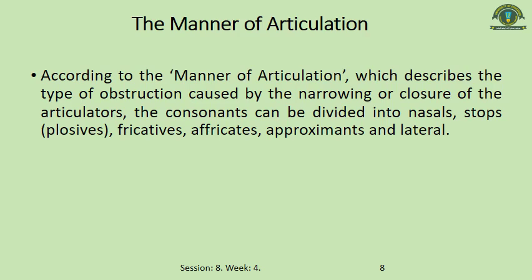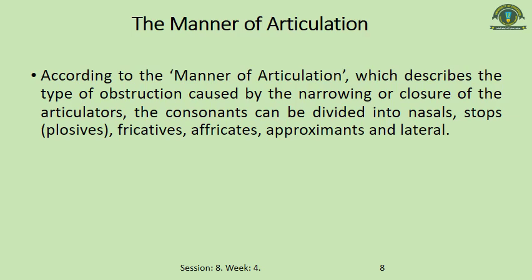In other words, I'm trying to say, when we produce certain sounds, what happens? The articulators inside our mouth, either they get very narrow, or sometimes absolutely close to each other, one another, or sometimes they block the airstream, the airflow. And what happens?